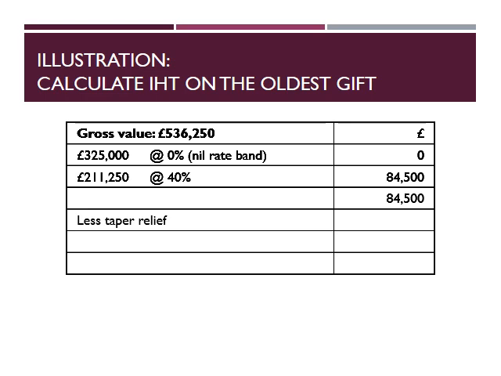If we go back and look at the taper relief applying to a gift that's 6 to 7 years old, that is 80%. So taper relief will be 80% of that £84,500, and we can deduct that from that tax, leaving inheritance tax payable on this gift of £16,900.